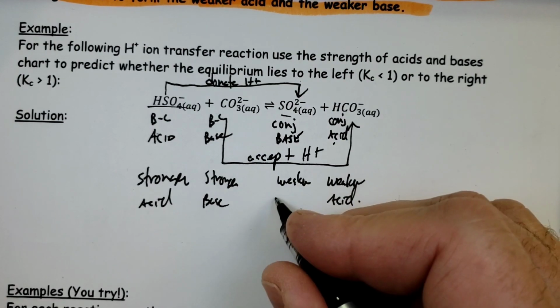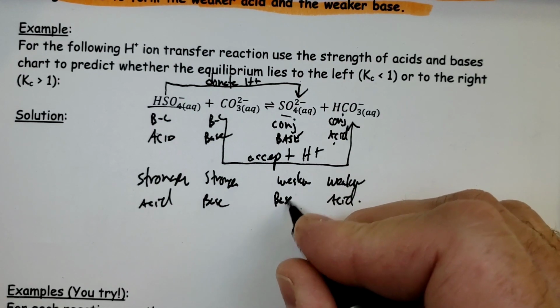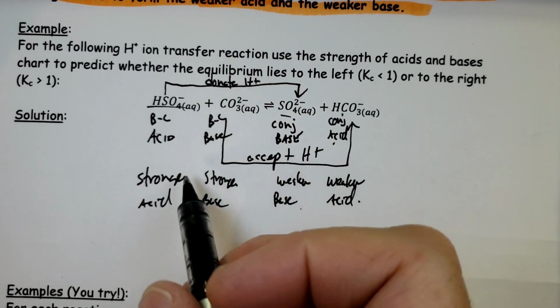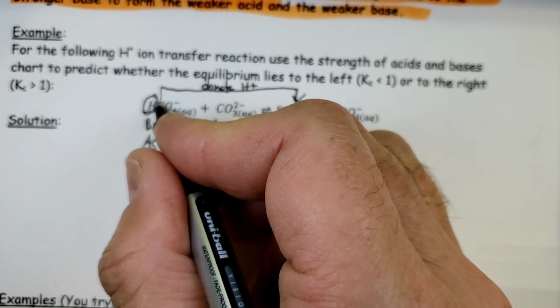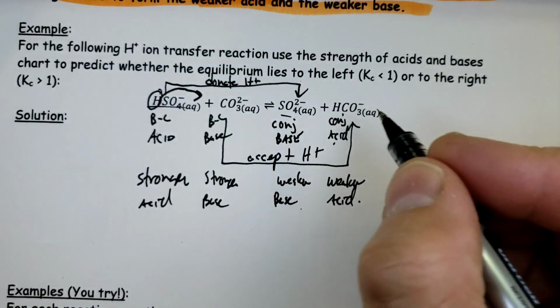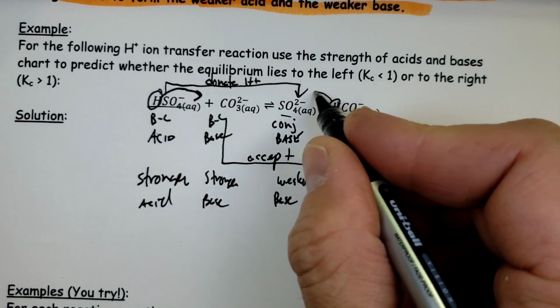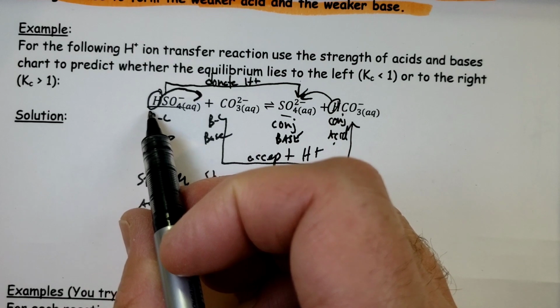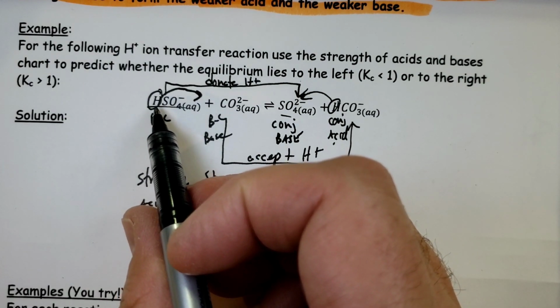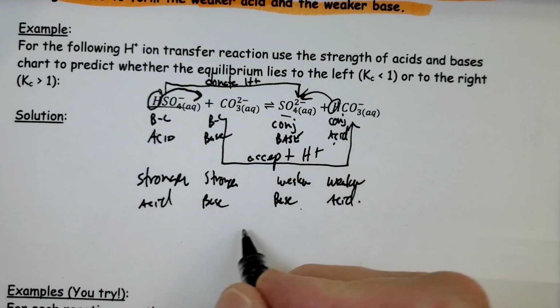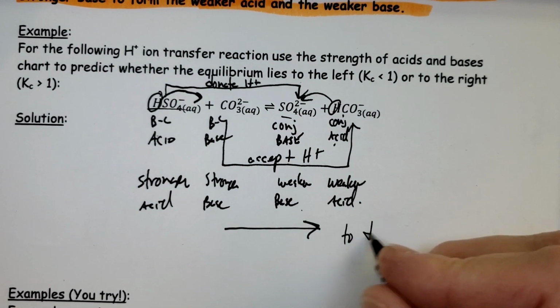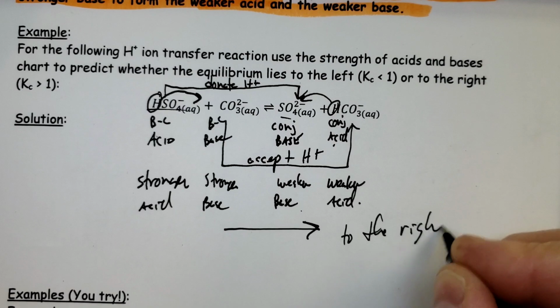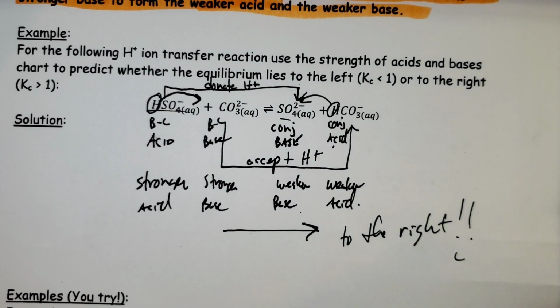And this is what you should see happening. The stronger are on the same side and the weaker are on the other side. So if this is a strong acid and a strong base, that means that this is going to overshadow this. So the HSO4⁻ will readily give up its H to CO3²⁻, and most of the reaction will exist on the product side. So the equilibrium lies to the right.